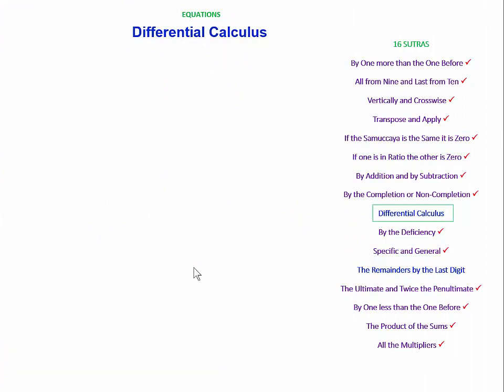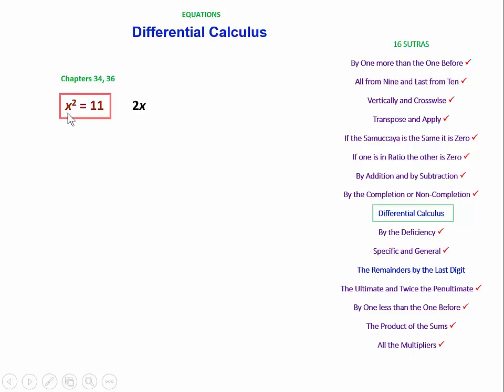Differential calculus. Here Tirthaji uses this, although he doesn't make it explicit. If you're solving the equation x squared equals 11, you use a certain divisor. And that divisor is found by actually differentiating the x squared to get 2x and replacing x with the first digit of the answer.